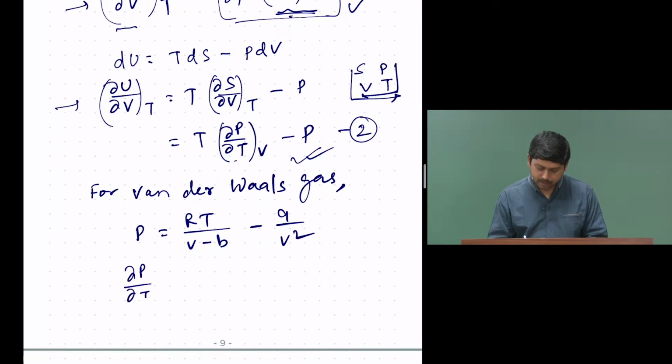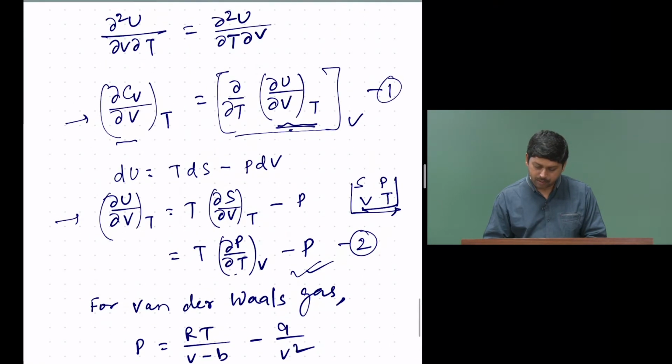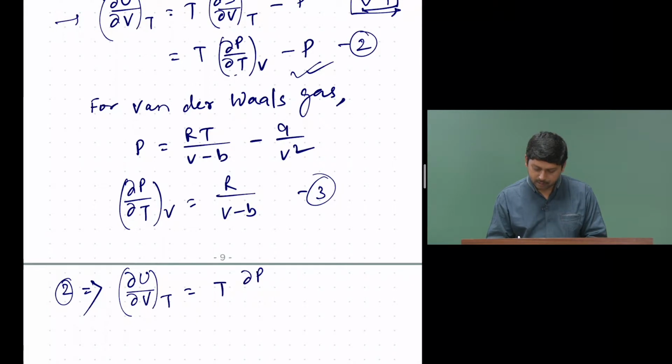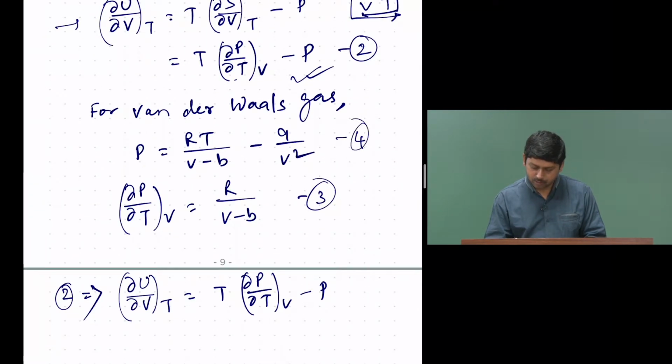Del P del T at a constant V is nothing but R by V minus B, equation 3. Now from equation 2 we get del U by del V at a constant T is T del P del T at constant V minus P. I should put that as equation 4.